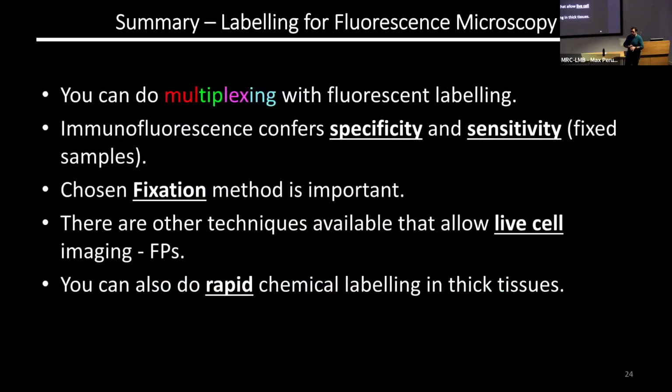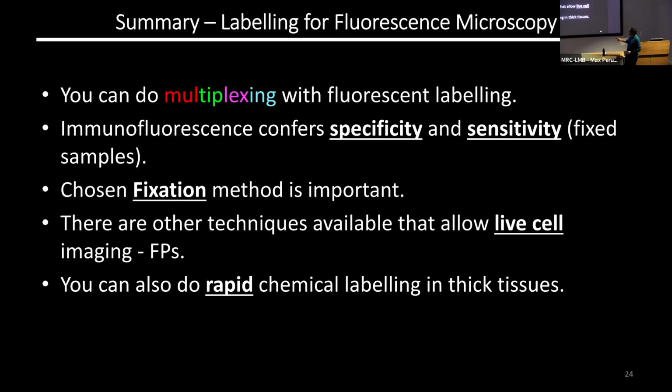Okay, so just to summarize what we've been talking about so far regarding labeling, you can do multiplexing with fluorescence labeling. The idea of labeling is not only to identify a specific structure inside your cell or a specific cell, but also to identify different structures or different cells.